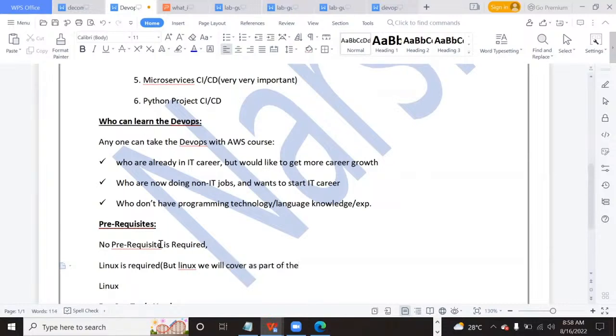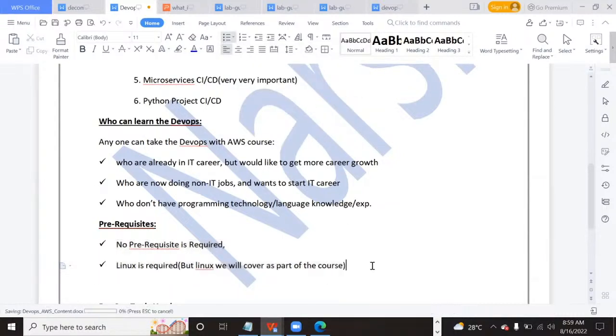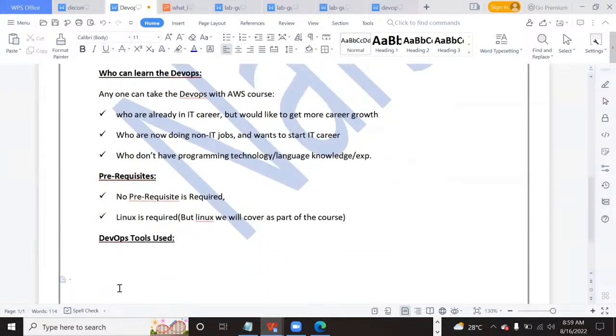So even if you don't know Linux, happily attend these sessions, because first Linux will be started and then the DevOps tools will be started. Both are contradictory statements, but we will cover Linux from the basics, from scratch. That is the reason no prerequisite is required.